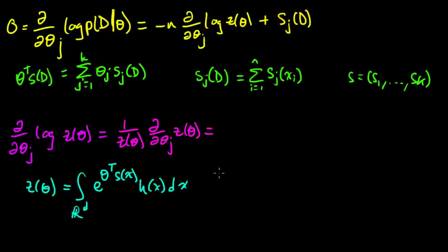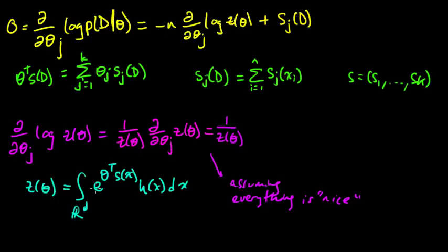So assuming everything is nice and smooth, we need some smoothness to do this. Then we can differentiate under the integral sign. We move the derivative inside, and it's the integral.